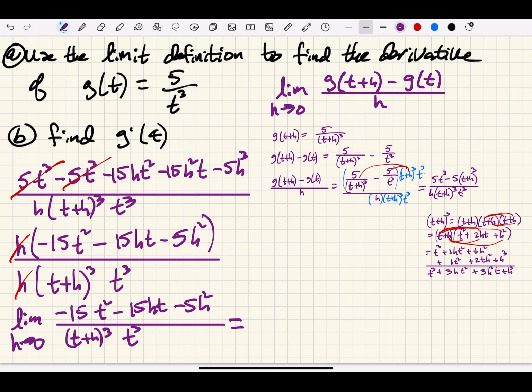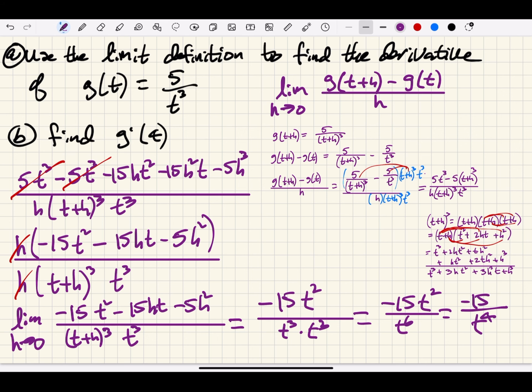And this limit then would be negative 15 t squared over t cubed times t cubed, or in other words, negative 15 t squared over t to the 6th, which would be negative 15 over t to the 4th.